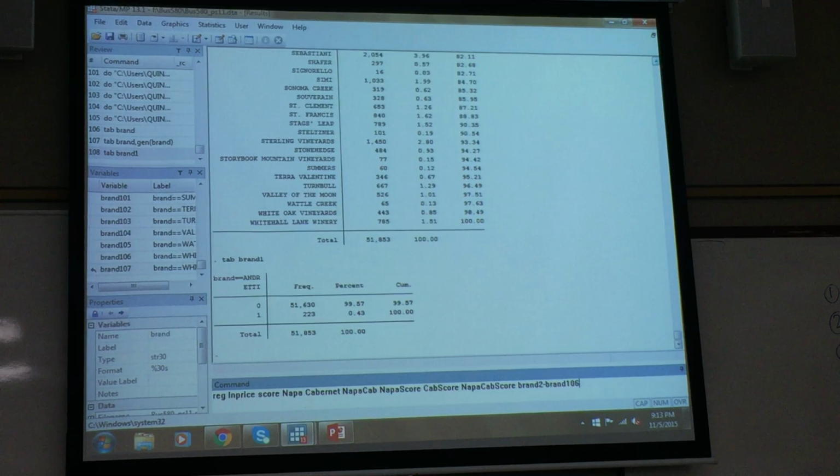That does it for us. Now, remember, it's going to be a big regression because it's going to have 105 dummies in it. But we don't really worry about the brand coefficients, which is why I put them at the end, because our Napa premium and all that will come from the other variables. Shouldn't it be brand2 through 107? Was it 7? Because you said you're only getting 106, so you're skipping one, but you're skipping one on the last one, right? Yeah. I've never been good at math.